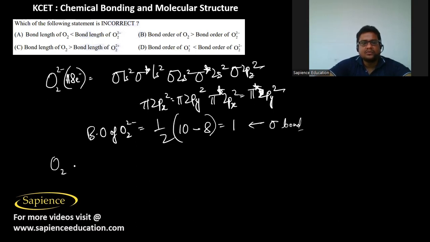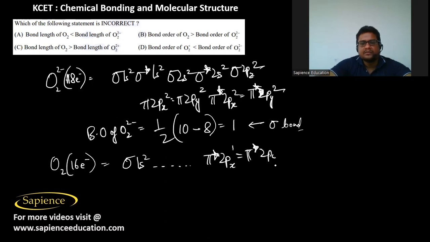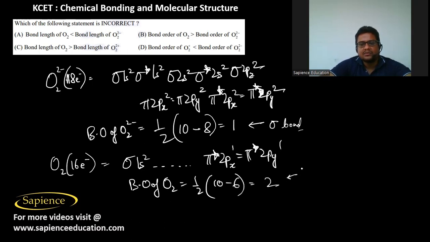And in case of O2, which has got 16 electrons, it will be the same configuration, but at the end we will have pi star 2px1 equals pi star 2py1. So the bond order of oxygen will be half of 10 minus 6, which gives you 2, and in these two we have one sigma bond and one pi bond.